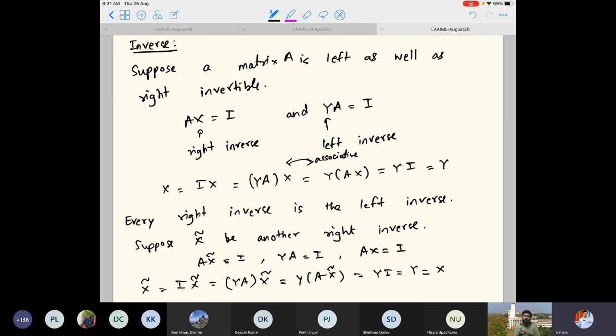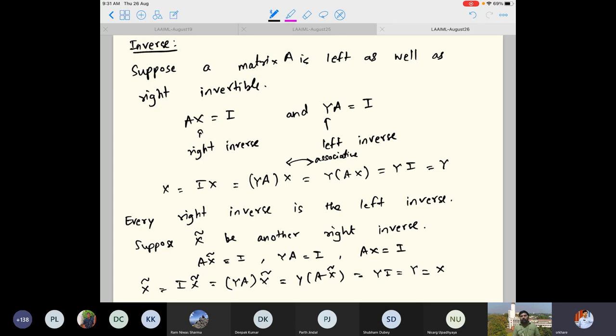So what is the property of that inverse? The property of that inverse is that A into X is equal to identity, and X into A is equal to identity. That is how this inverse works, and that's why we can use the article 'the' and speak of the inverse of a matrix when the matrix has a left as well as a right inverse. Is the argument clear?